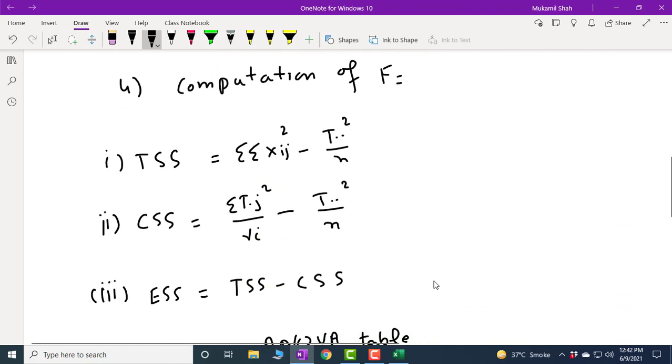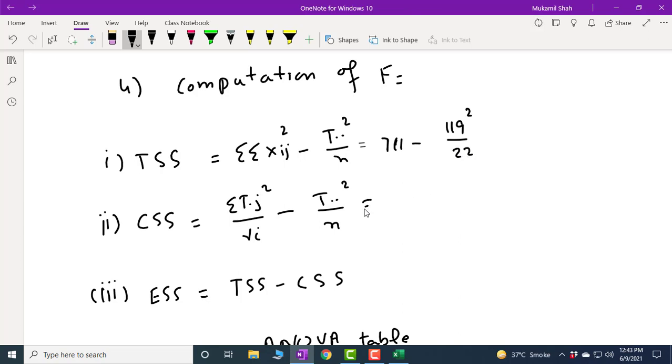Since we know that double summation xij square is equal to 711 minus t double dot square, where t double dot is equal to 119 squared and n is equal to 22.